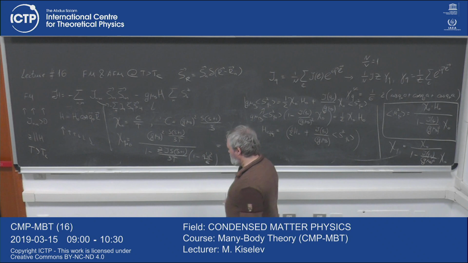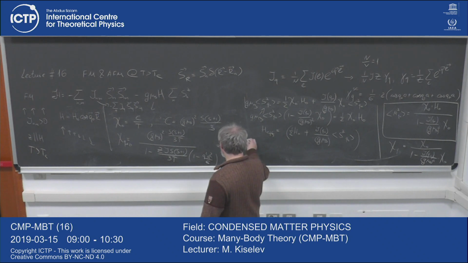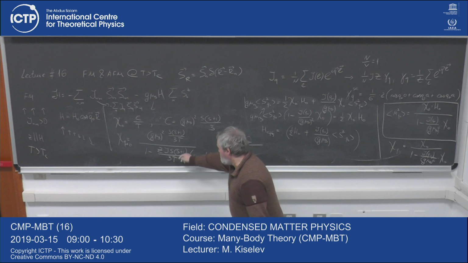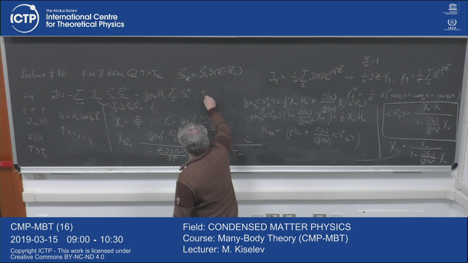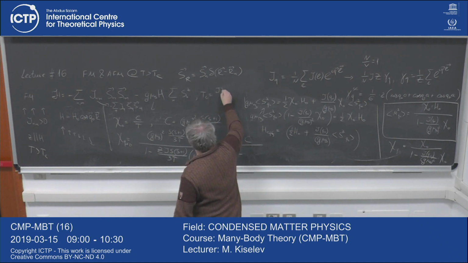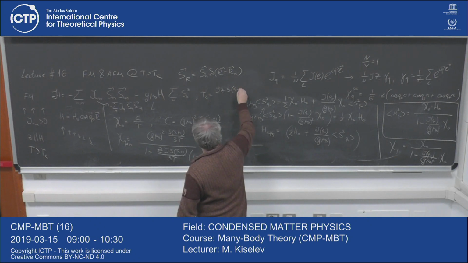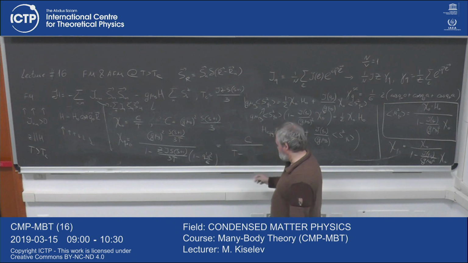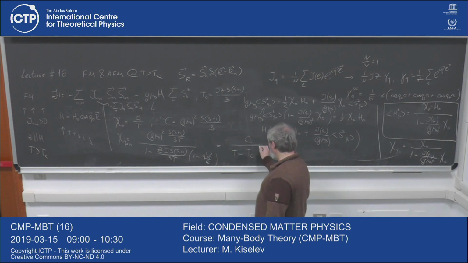So this is some constant, T minus, then I have a quantity Tc, which is Jz S plus 1 over 3. I will denote it Tc. Therefore, it is Tc times 1 minus q square a square over 6.